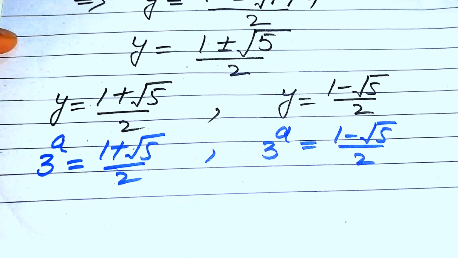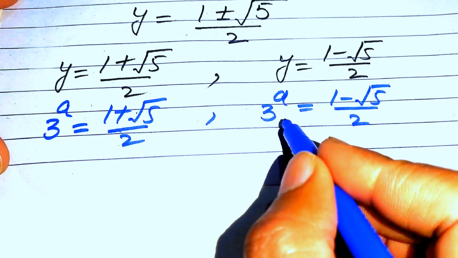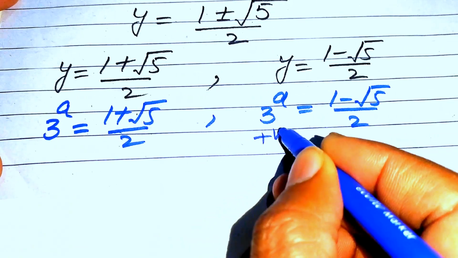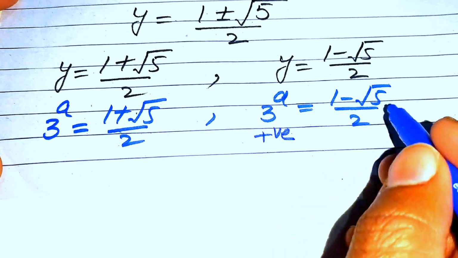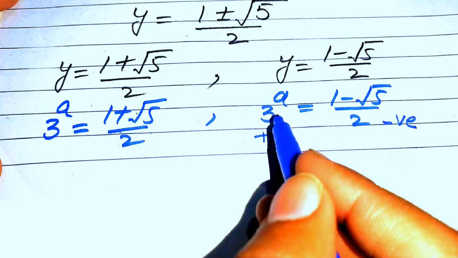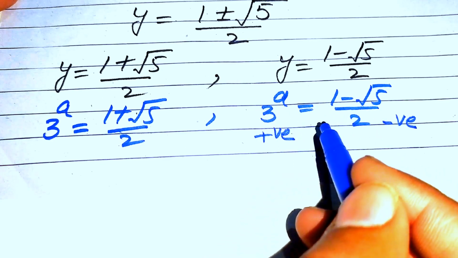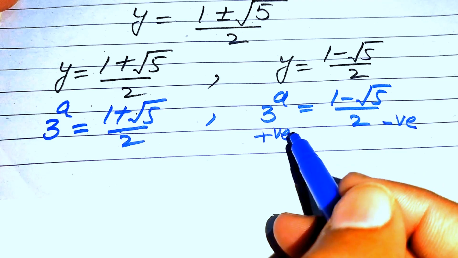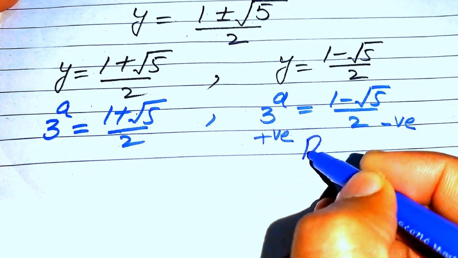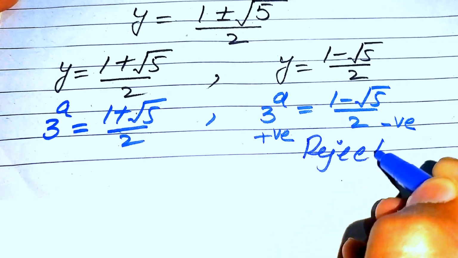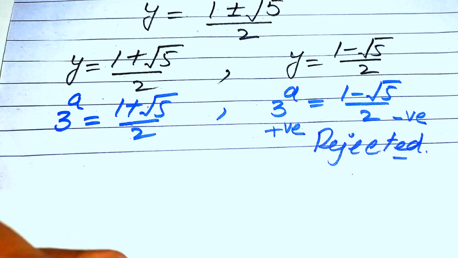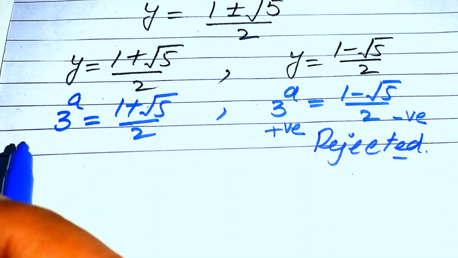On the left hand side we have an exponential function, which always gives a positive value, but the right hand side gives a negative number. So this case is not possible, we reject it, and we proceed with the other case only to find the value of a.